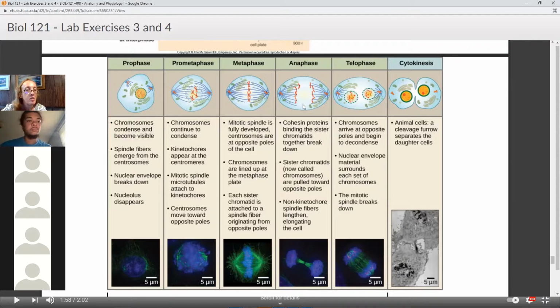In anaphase, the sister chromatids are being pulled towards opposite poles in the cell. Telophase, the nuclear envelope material surrounds each set of chromosomes. Cytokinesis, a cleavage furrow forms, which is essentially a pinching off of the two newly formed cells.